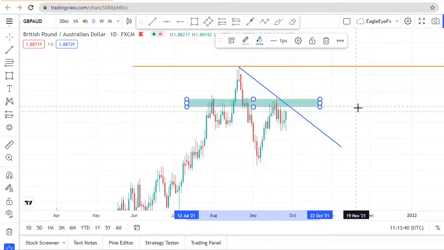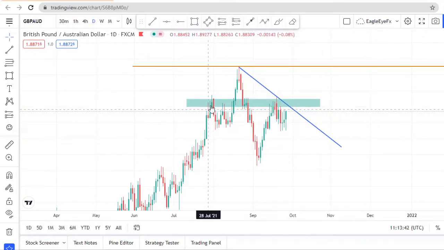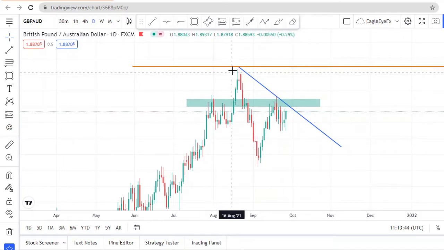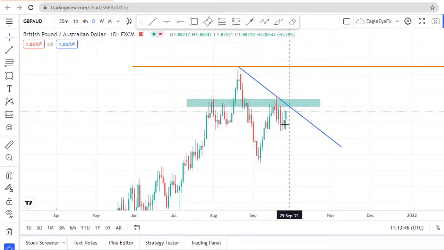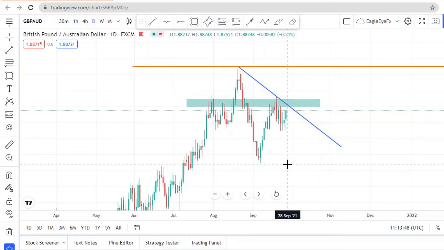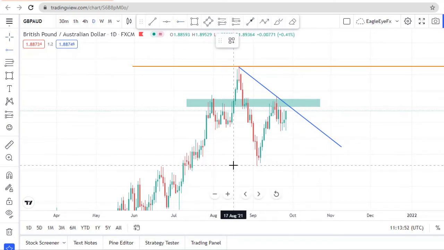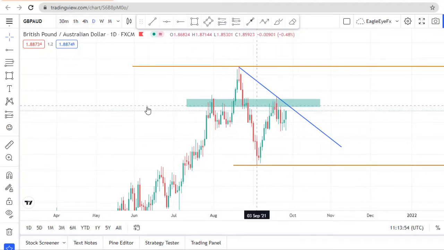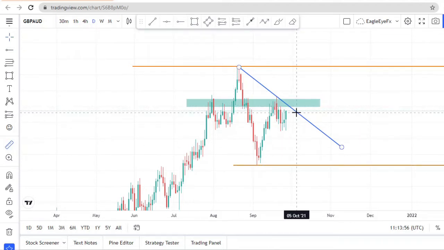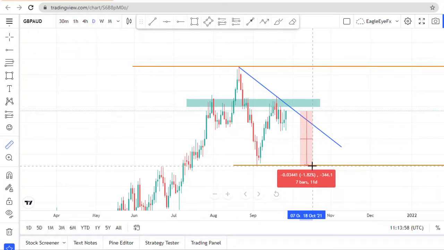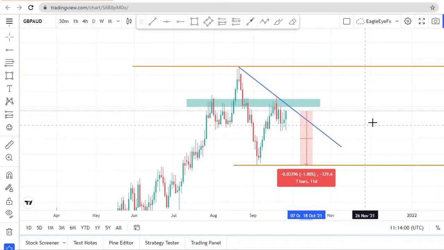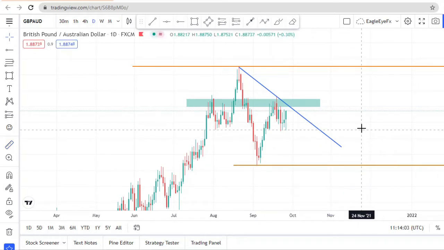Okay, like that, because we see here rejection, break, rejection. So perhaps this is a retest, and then it might fall down up to this particular level over there, and it's quite a move because you can see from here it's almost 340 pips.